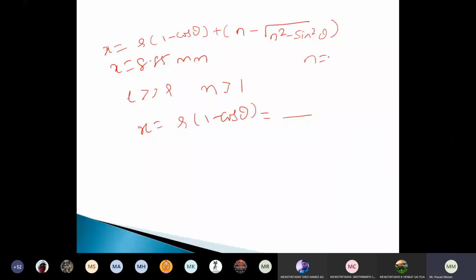This is the equation. n is the ratio of connecting rod length to the crank radius, which is 120 by 30, which is equal to 4. So if you substitute all the values, you get x is equal to 8.85 mm.